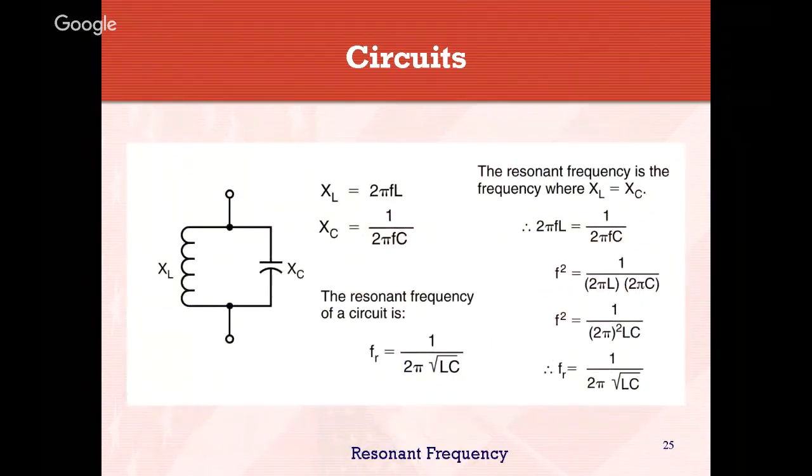Here we have a schematic of what a tuned circuit or a resonant frequency circuit might look like, and these are some of the formulas to determine that. If you know the inductive reactance of the coil and the capacitive reactance of the capacitor, you can calculate what the frequency is for that particular circuit and what it will pass.